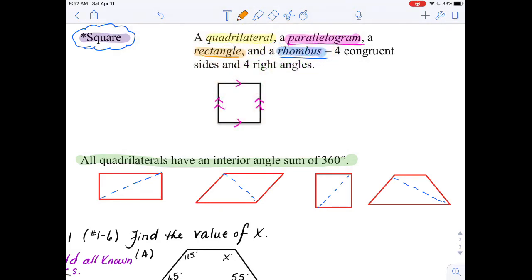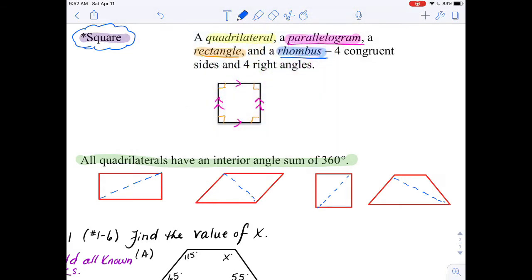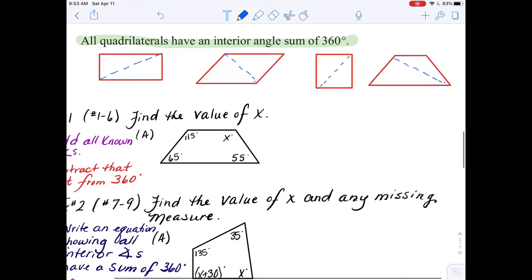If it actually had 90-degree symbols, or you could prove they were each 90 degrees, then I could call it a rectangle. And only if they gave you the fact that all sides were the same could I call it a rhombus. And if I can say it is yes, yes, yes, and yes, then it's called a square.